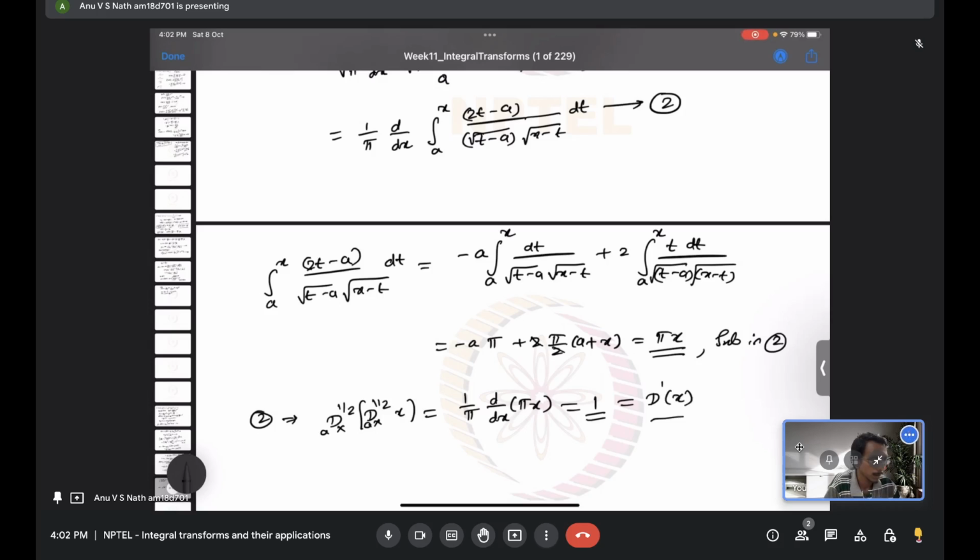So see that even though we have generalized the aspect that there can be a lower limit in the Riemann-Liouville integral, this doesn't matter. If you repeat twice, everything will disappear. The half derivative repeated twice will add up to the full derivative d raised to 1 of x, and this is true for every function f of x. You can try this out.